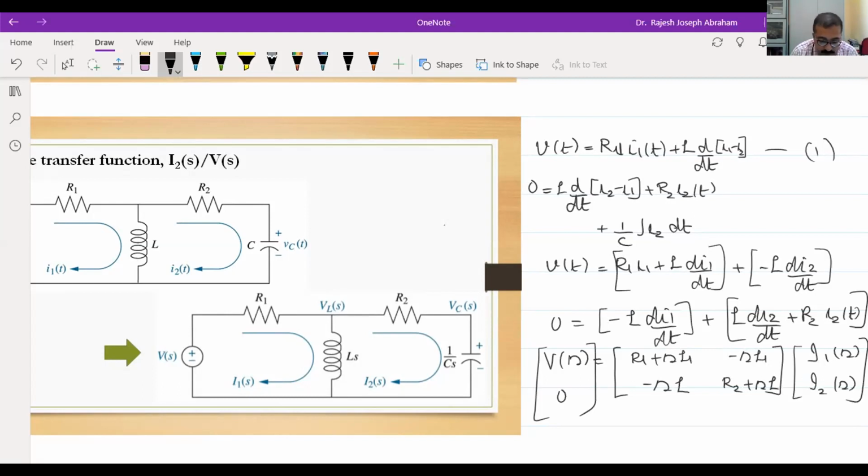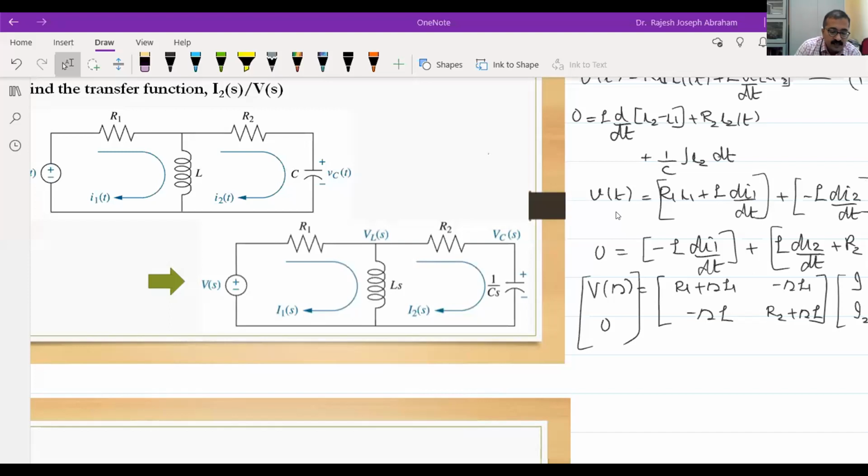How to do that? So you see, there are two loops here, right? Which are they? Loop 1 and loop 2. So basically, this is voltage equal to impedance into current kind of thing. So let us write straight away this matrix. On the left hand side, we have the voltage sources.